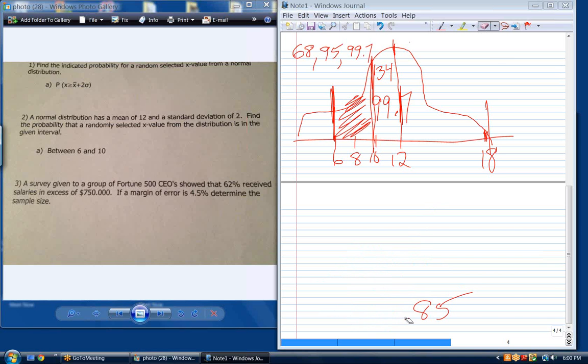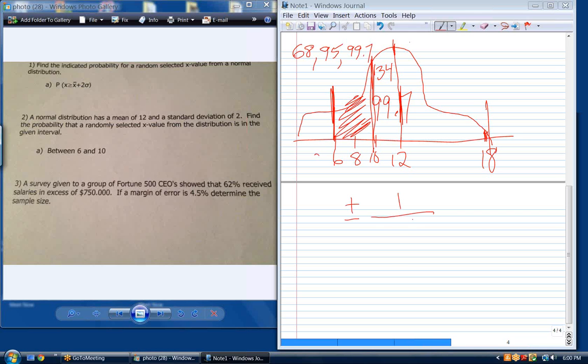What's that formula? Oh wait, I think I got it right here. It's plus or minus 1 over square root n.